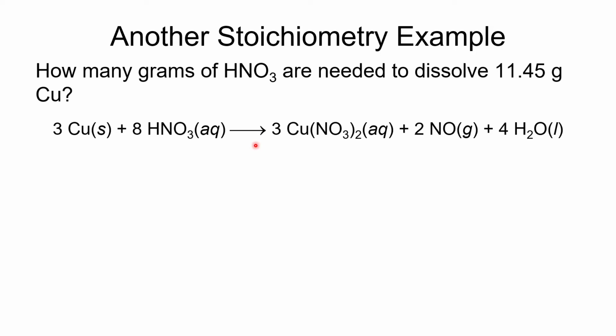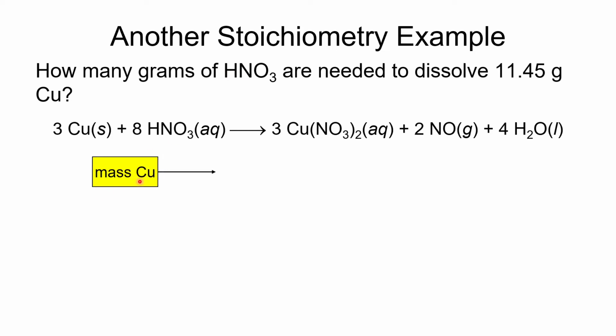All right, well, for this particular reaction, here is the balanced chemical equation. 3 moles of copper plus 8 moles of nitric acid will give us 3 moles of copper 2 nitrate and 2 moles of NO, nitrogen monoxide, and 4 moles of water. So what we know is the mass of copper, and we want to get to the mass of nitric acid.